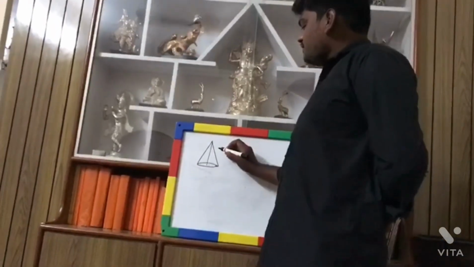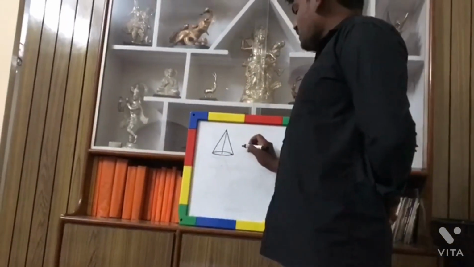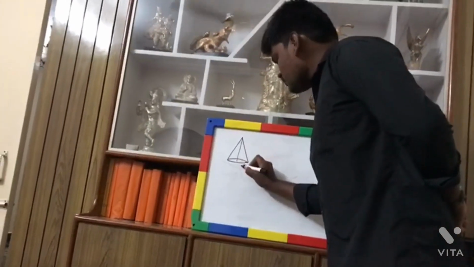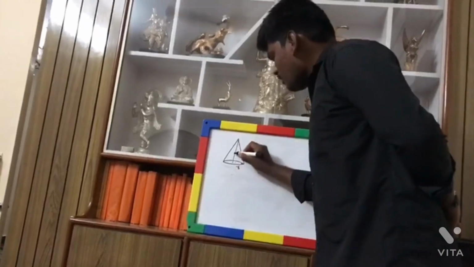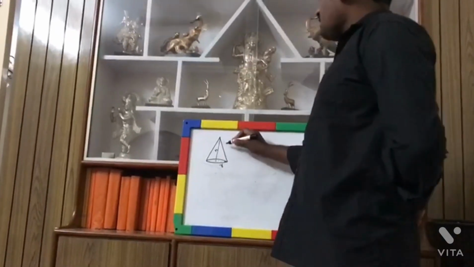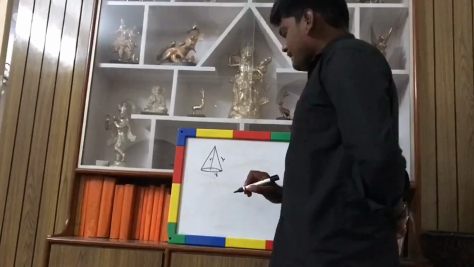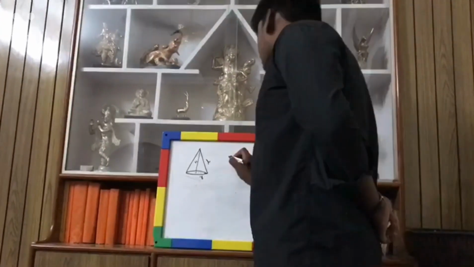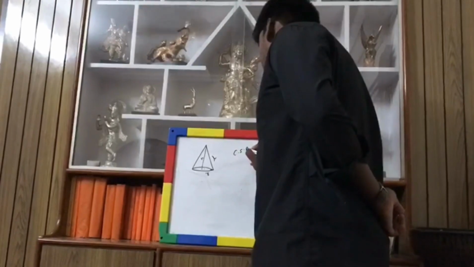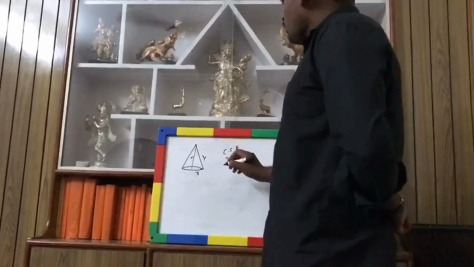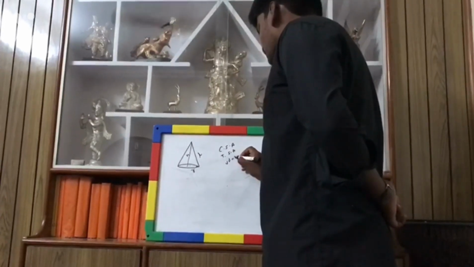The next figure is a cone. It is also called a right circular cone, which is formed by a circular surface whose radius is r, and a height of the cone h. In this figure, we have the lateral height, which we will take as L. The cone will have a curved surface area CSA and a total surface area TSA, and it also has a volume.